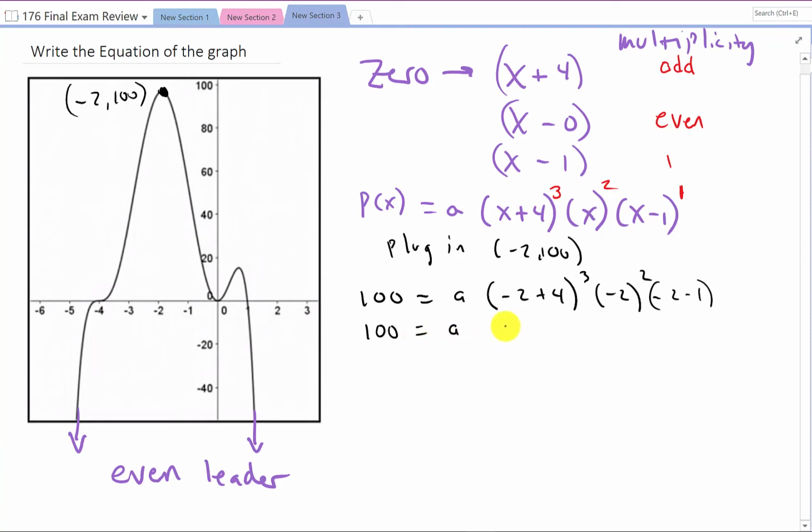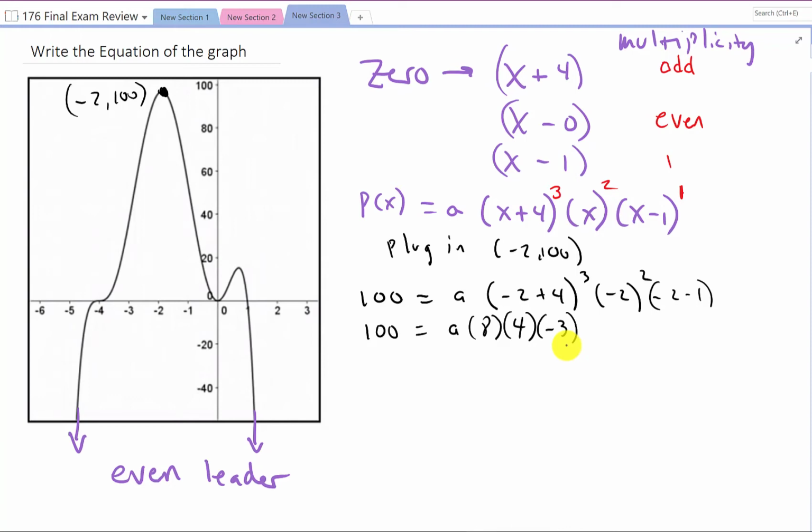So 100 equals a. -2 plus 4 is 2 cubed, which is 8. -2 squared, which is 4. And -2 minus 1 is -3. And now we need to simplify that a little bit more. 8 times 4 times -3.